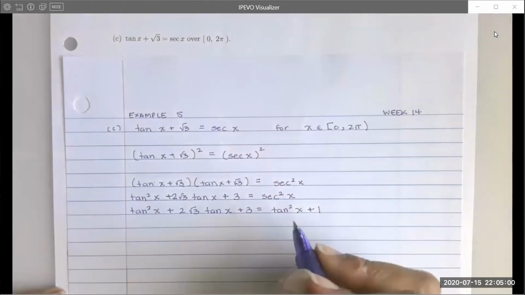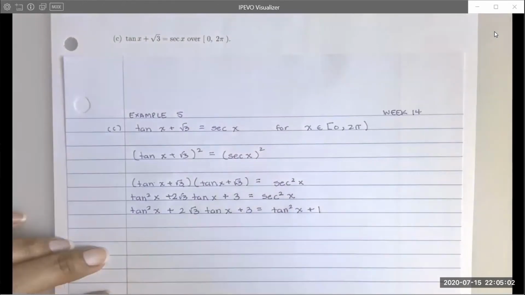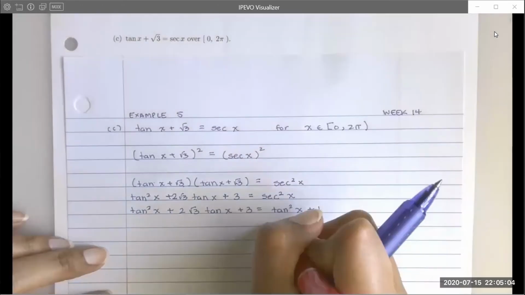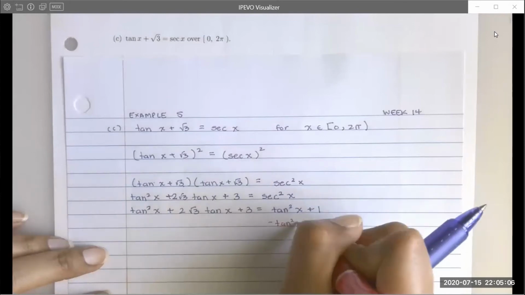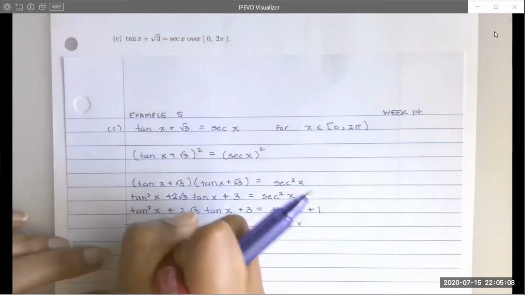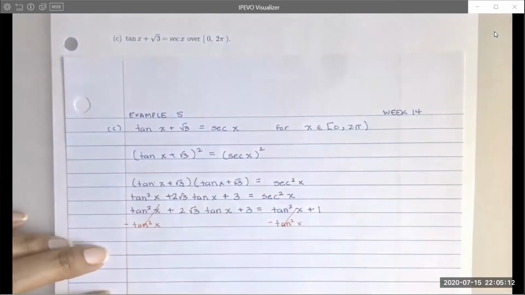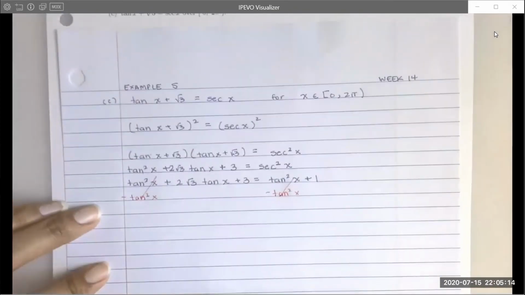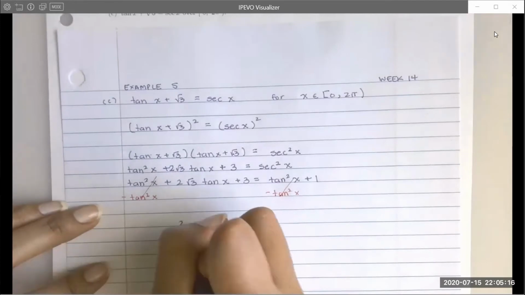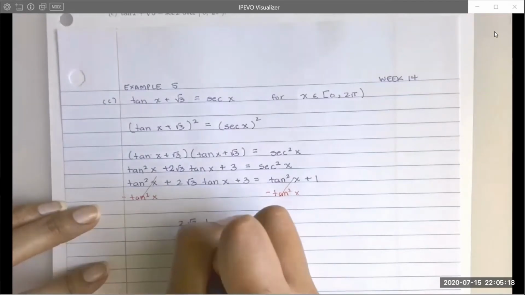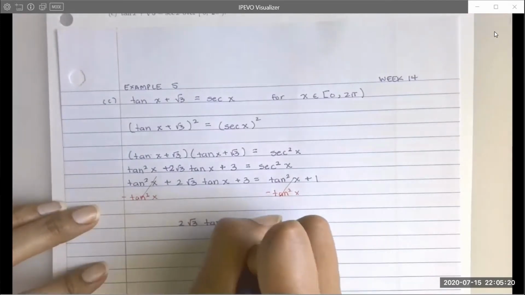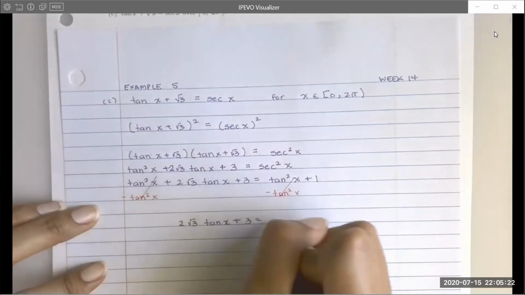Okay. Now I can go ahead and subtract tan squared x from both sides. And notice what happens. Here they cancel, but they also cancel here, which is nice. I have no more quadratic terms. Instead, I'm left with 2 radical 3 tan x plus 3 is equal to 1.